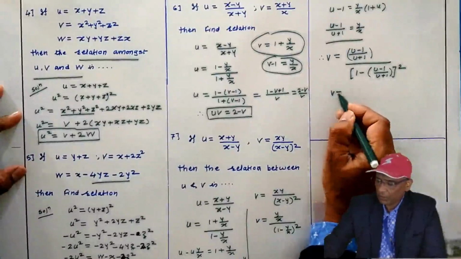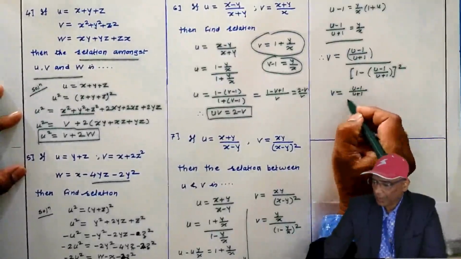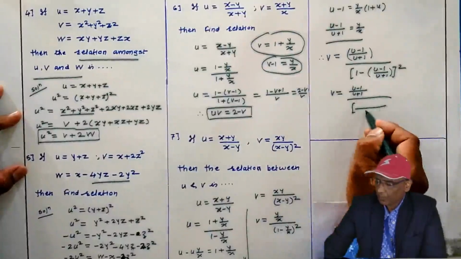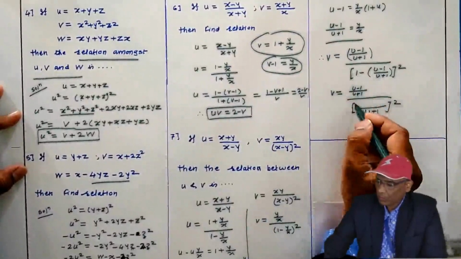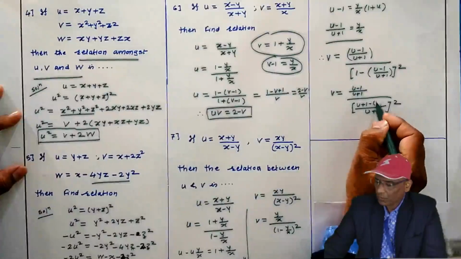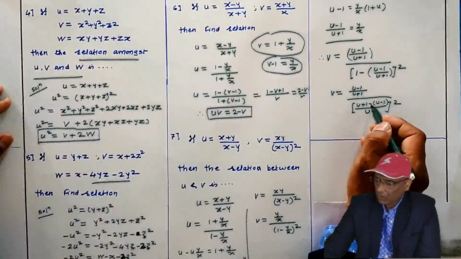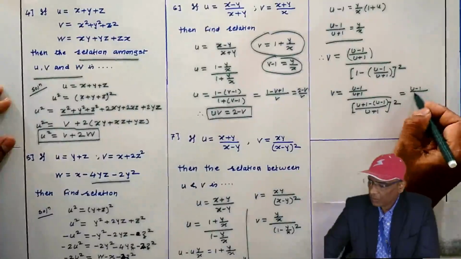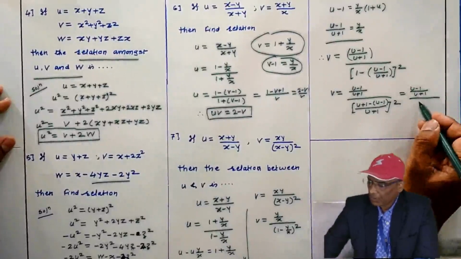Now v is equal to u minus 1 by u plus 1, here u plus 1 is LCM, then u plus 1 into 1 is u plus 1 minus u minus 1, like that. Okay. Here if you open the bracket, then minus u plus u gets cancelled.